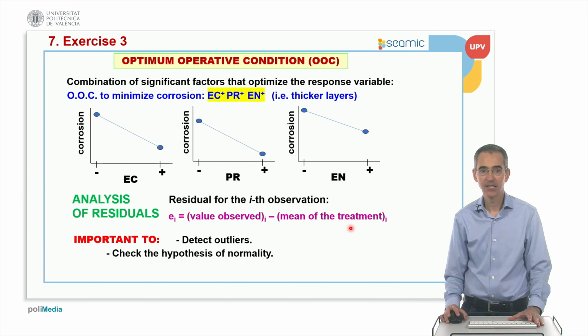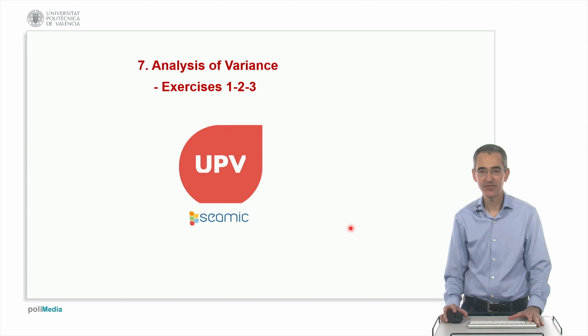Also, you can check the hypothesis of normality as an exercise. This hypothesis can be accepted, and also when studying the effects over the variance of the corrosion, the hypothesis of homoscedasticity can be accepted. And here I finish this video about these 3 exercises on the application of ANOVA.